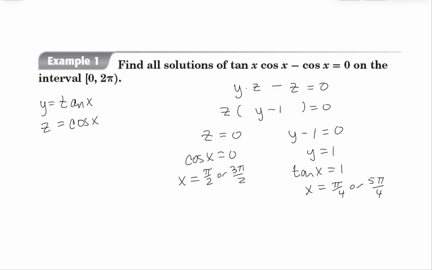If we look back at the top, if I put in pi over 2, if I did the tangent of pi over 2 times the cosine of pi over 2 minus the cosine of pi over 2, I should get 0. Same thing if you plug in any of those values into your top equation, you should get an answer of 0.